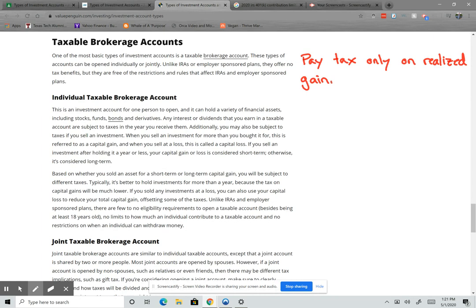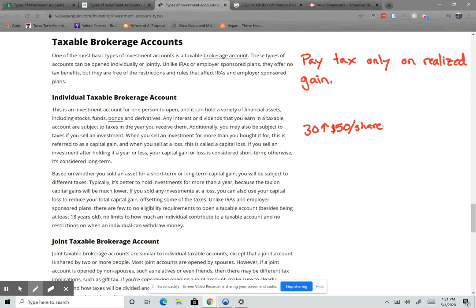Okay, and let's say it increased. AT&T reported great numbers, and it increased from $30 to $50 per share. But I still have the 10 shares. Now those 10 shares, they were worth 300. Now total, they're worth 500. Do I have realized gain yet? Answer is no, because I have not sold anything.